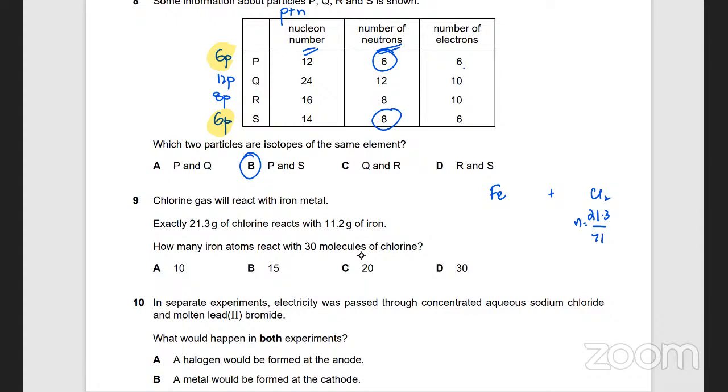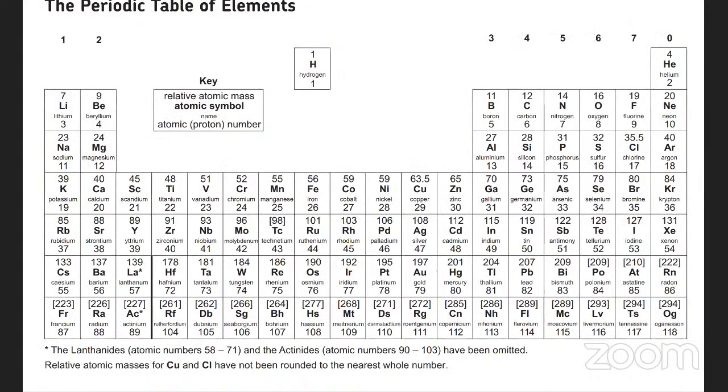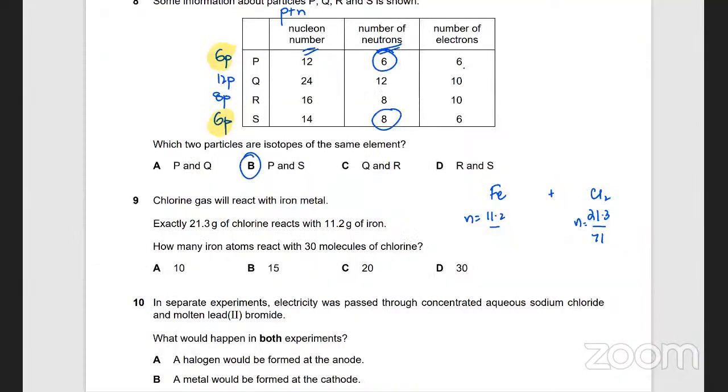Can you tell me what the moles are? Find iron's as well; it's 11.2 divided by Mr. What's the Ar of iron? That's 56. Tell me the moles of both. For chlorine, 0.3. And iron, 0.2.